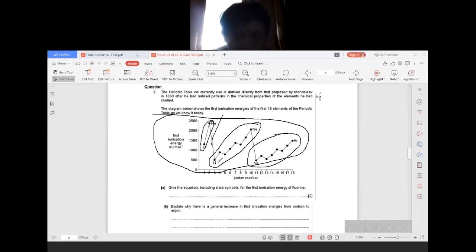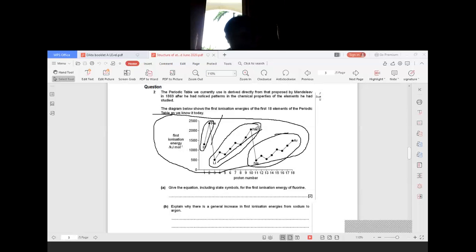This is the general trend. If there is a general trend, it means there is an exception. The general trend increases from lithium to neon. When you take a ruler and draw the line, it shows an increase.